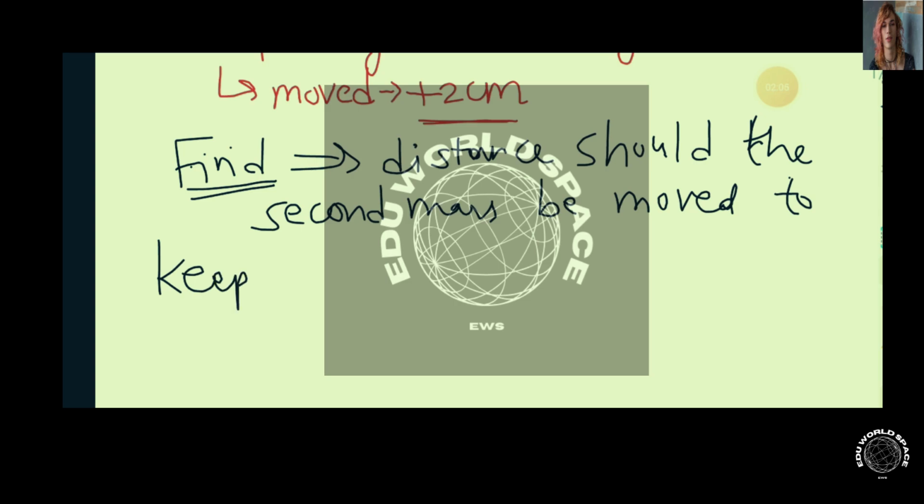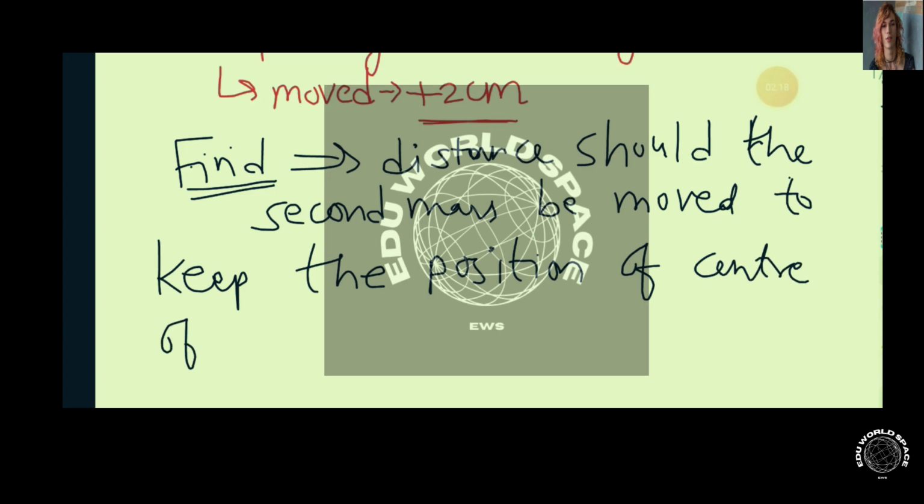In the answer, first I will make a 2D coordinate system. Consider the horizontal line as the x-axis and the vertical line as the y-axis.